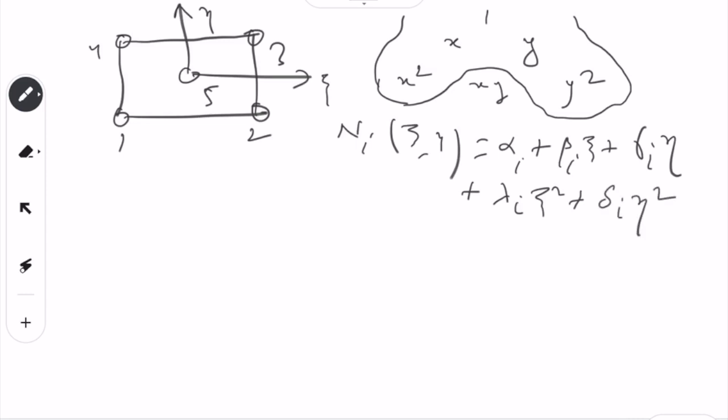You can either write like that, then find out what is the value of this one, or we can use the tensor product method. And how will we do that?